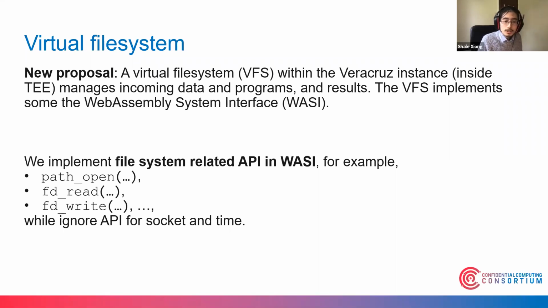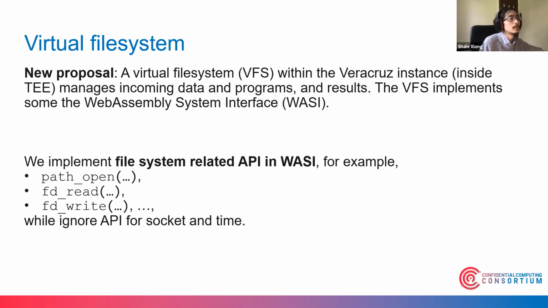The bigger change is we replaced the storage system with a virtual file system. Basically, this virtual file system will manage the incoming data, the programs, and also the results. On top of the virtual file system, we implement the WASI standard, the WebAssembly System Interface. WASI is a new standard in WebAssembly.